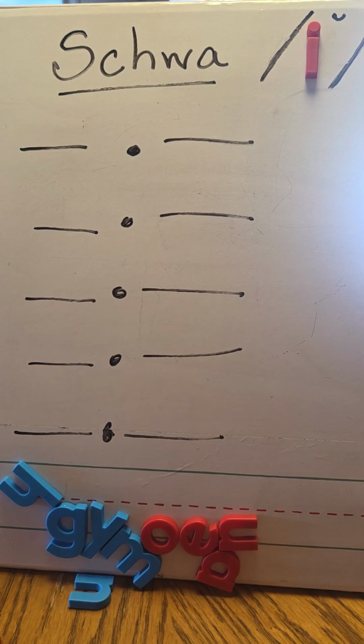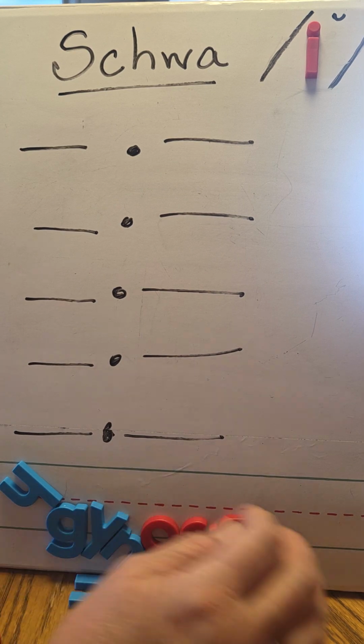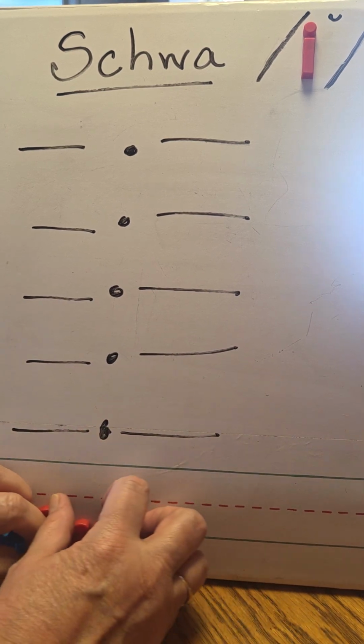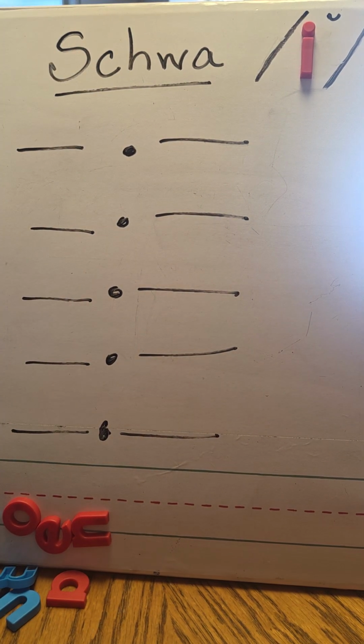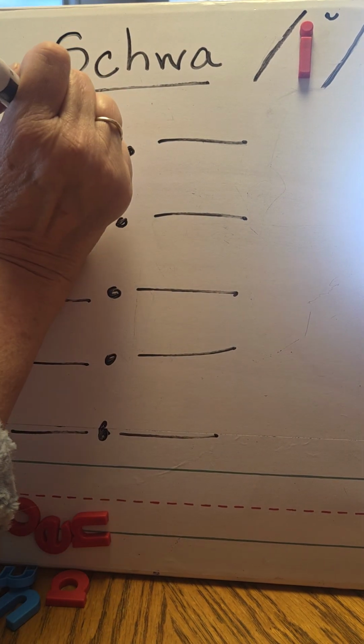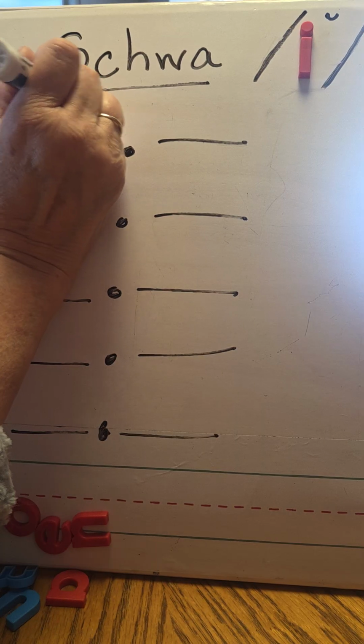All right. 1, 2, 3, 4, 5. Got it. Let's get these out of the way. Let's do this. Long I. I'm not going to use those. I'm going to go faster. This is the long I. I'm going to use the marker.